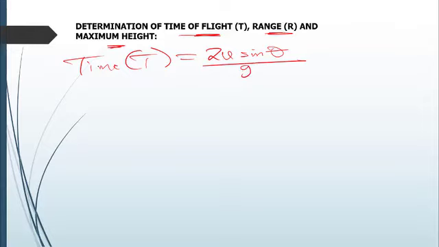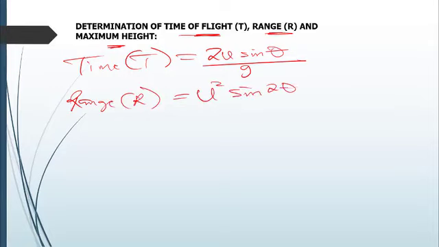And then we have range, R. Range is given by u squared sine 2 theta all over g. That is for the range.